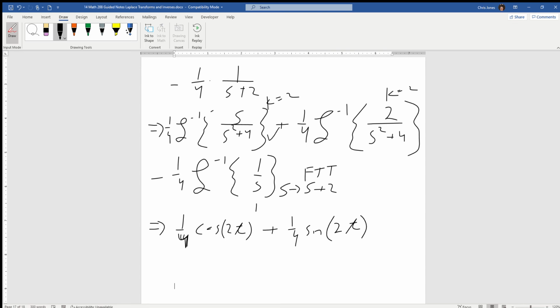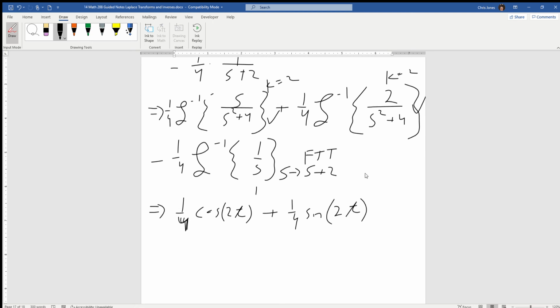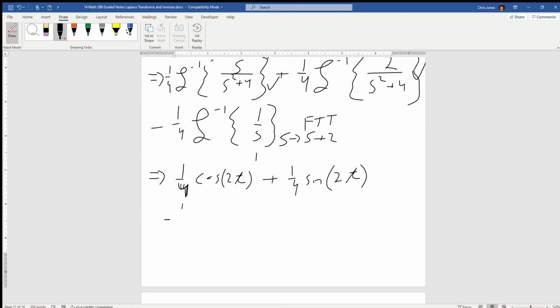So that's cosine, this one's the sine, and then finally minus 1/4 times 1, which is the inverse Laplace of 1 over s, and then times e to the minus 2t.